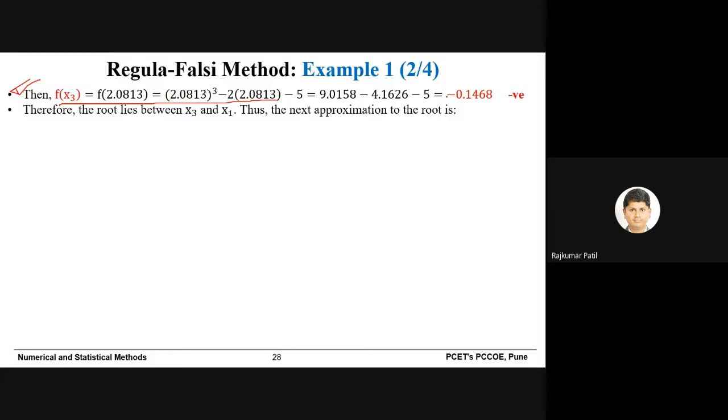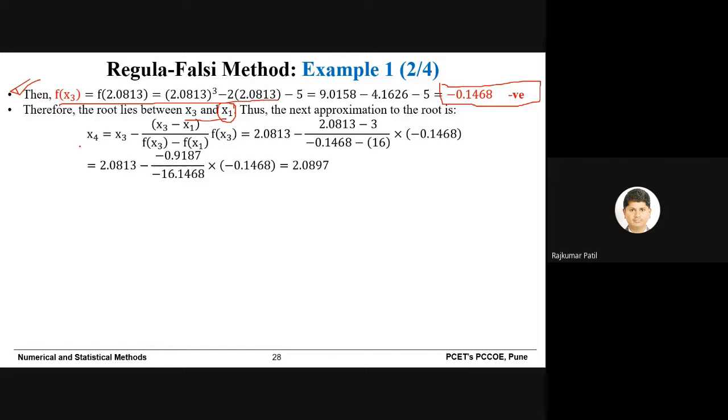Upon simplification you can see that f of x3 has a minus sign, that is minus 0.1468. And previously we know that when we put x1 in equation number 1, we get f of x1 as positive. Therefore the root lies between x3 and x1.